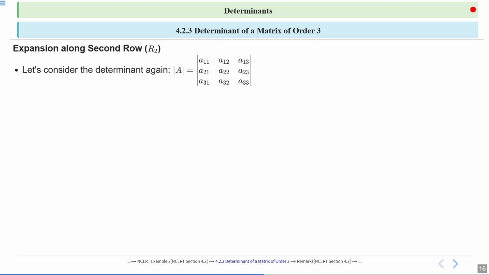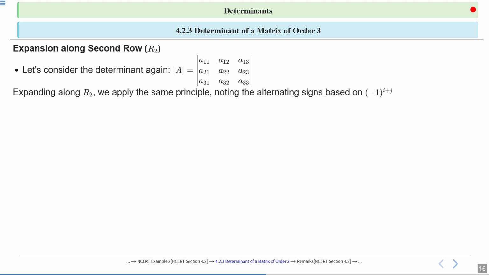If I say cancel the second row, then A21, A22, A23, cancel the entire row. And if I also say cancel the third column, then cancel A13, A23, A33. So when we cancel, A21, A22, A23, A13 and A33 are gone. We are just left with A11, A12, A31, A32. So understand how we cancel the rows and columns.